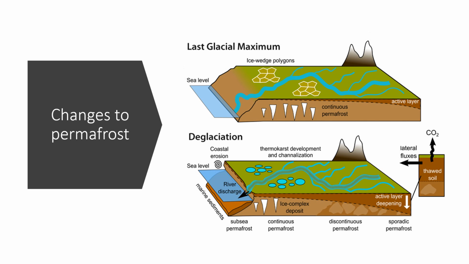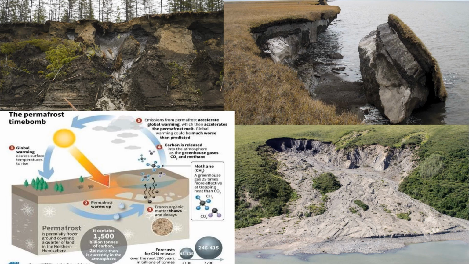So we are finding that the permafrost is melting, that we get ice wedges as well in permafrost that are melting away. The active layer is becoming deeper. The active layer is becoming more waterlogged. We have much more surface runoff. We've got much more channelization and lakes developing in this environment because of the human activity.